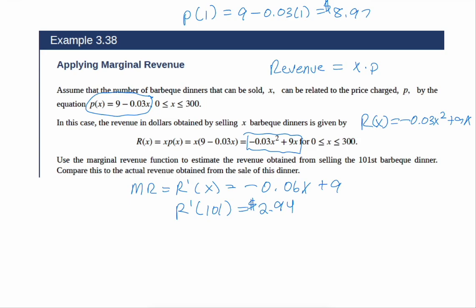But as we increase, so if somebody asks for 100 of them, you know how usually you give a discount for how many things they buy. So it says, if you want to know the revenue attained by the 101st, we know that the revenue is changing by 2.94 by that 101st dinner. And you see how it's positive. So we're making more and more revenue as we go. It's a positive change.